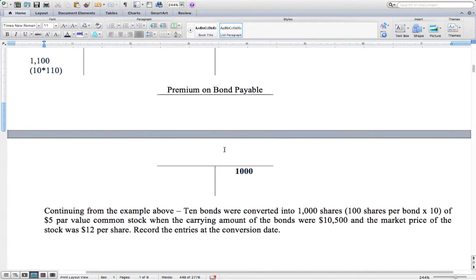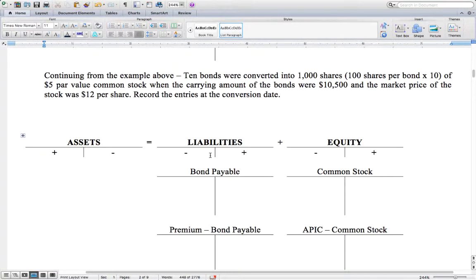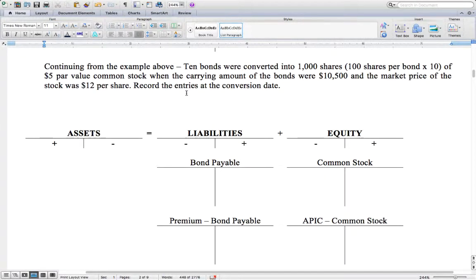So I will give you the information in the next part here that tells you how that account is going to change. Continuing from the previous example above, the 10 bonds were converted into 1,000 shares of $5 par value common stock when the carrying amount of the bonds was 10,500 and the market price of the stock was $12 per share.